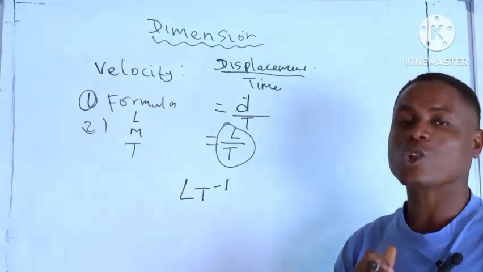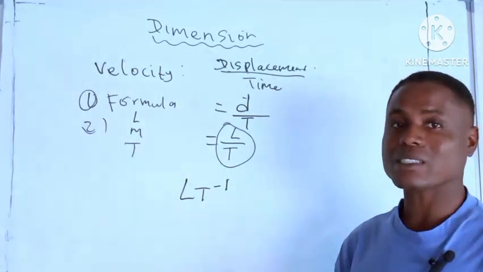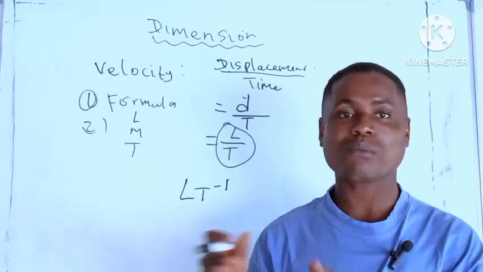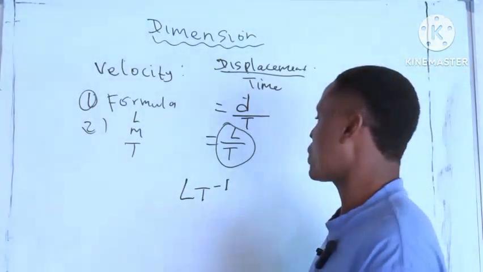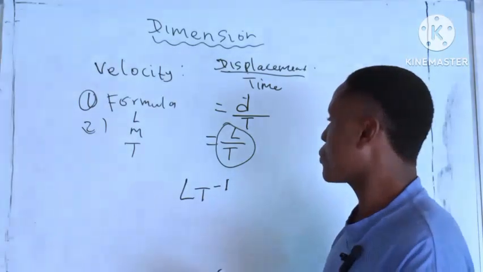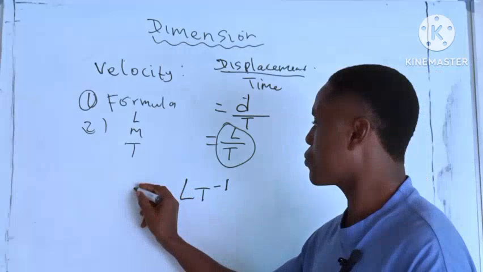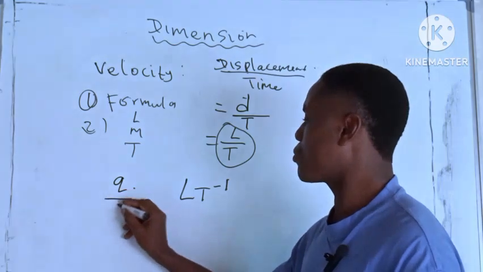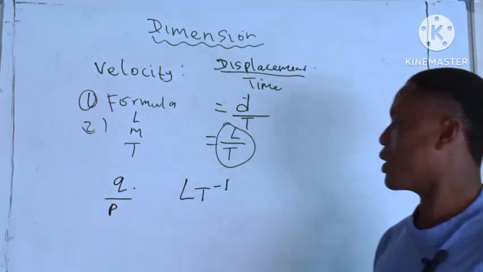It is very simple. This is a law of math, from indices. So, anything about physics, application of math formulas is involved. Yes, application of math formulas is involved. Okay. Now, let's say you have something in this form, like let's say you have q all over p. Are you getting me?